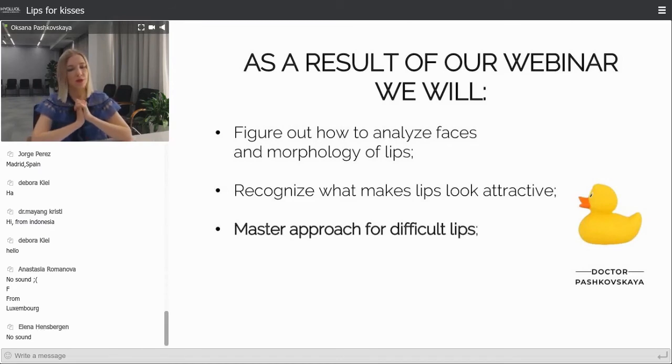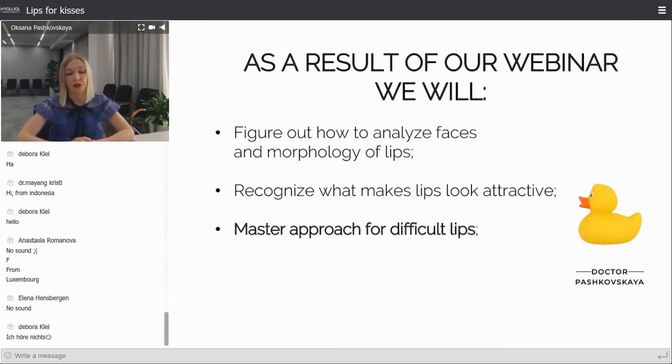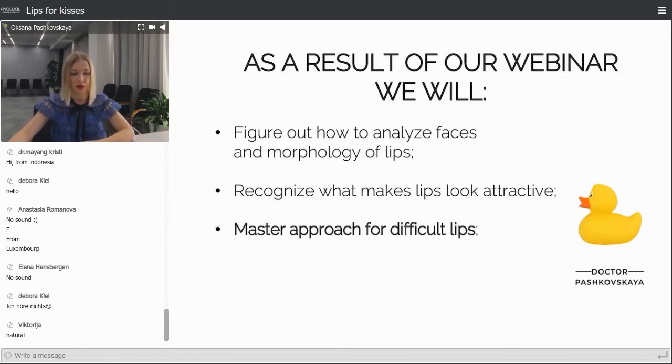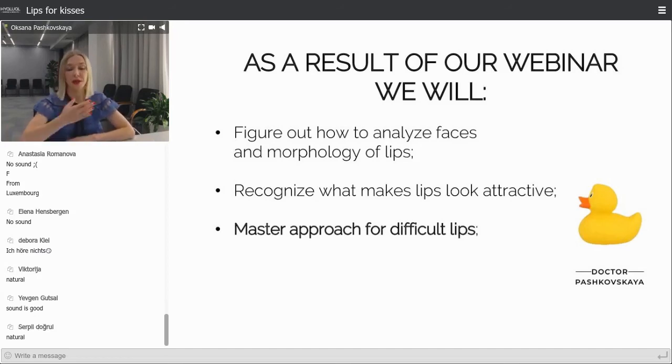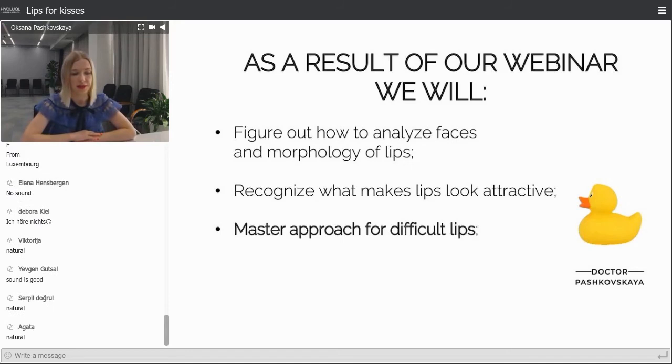Because in my office, most of my patients ask only about natural results, to be safe and to really keep it a secret that she does something with her lips. So colleagues, could you please text, what about your patients? Natural. Victoria, thanks. Okay, natural. Maybe more of our colleagues will also text. So most patients want a natural result, yes.